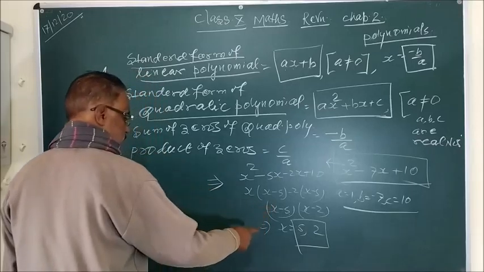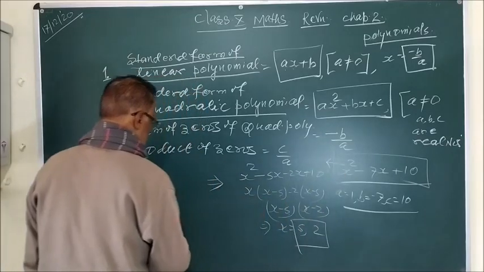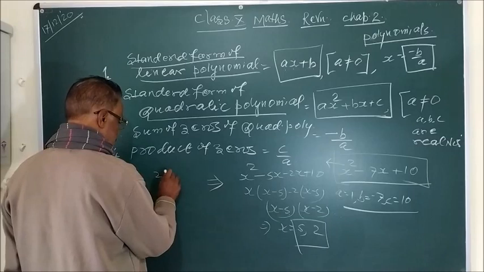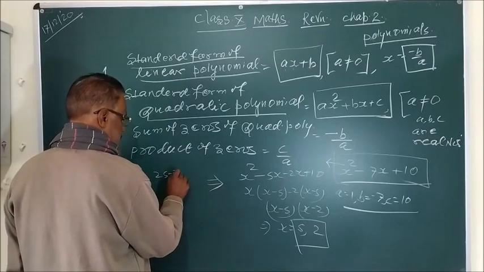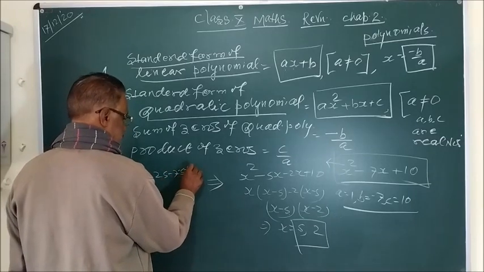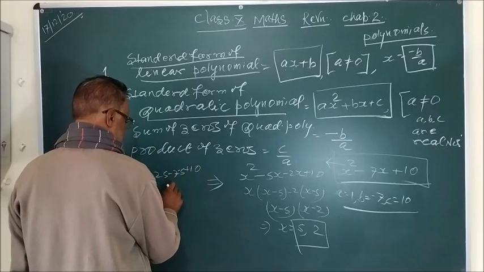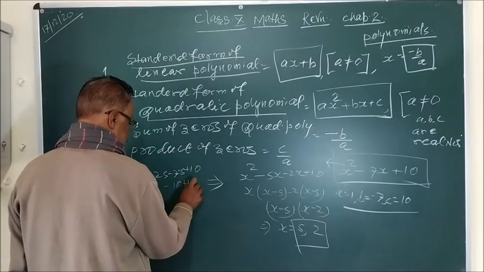Now you can check. You put the value of 5. 5 square, 25, minus 7 into 5, 35, plus 10. This will be 35 minus 35 plus 10 minus 10, equal to 0.